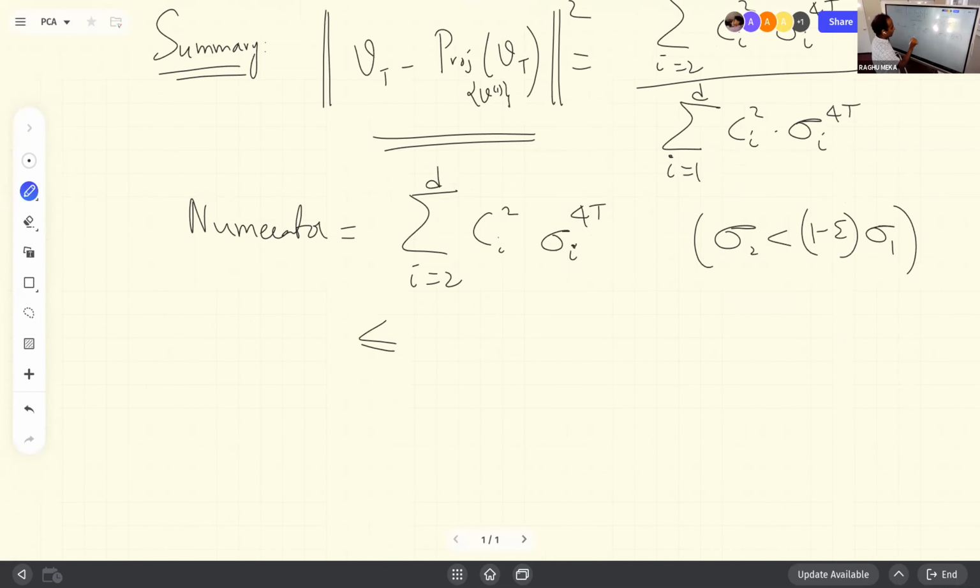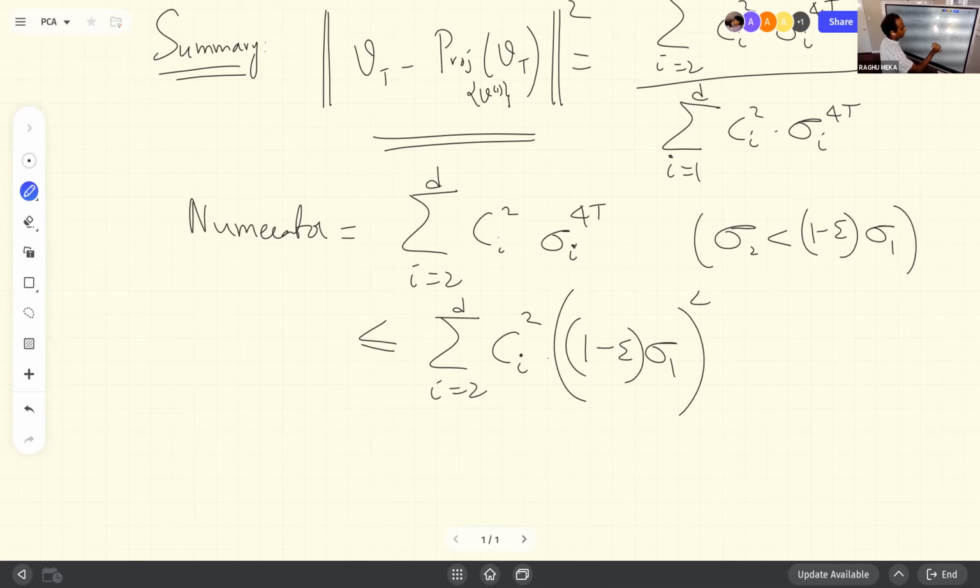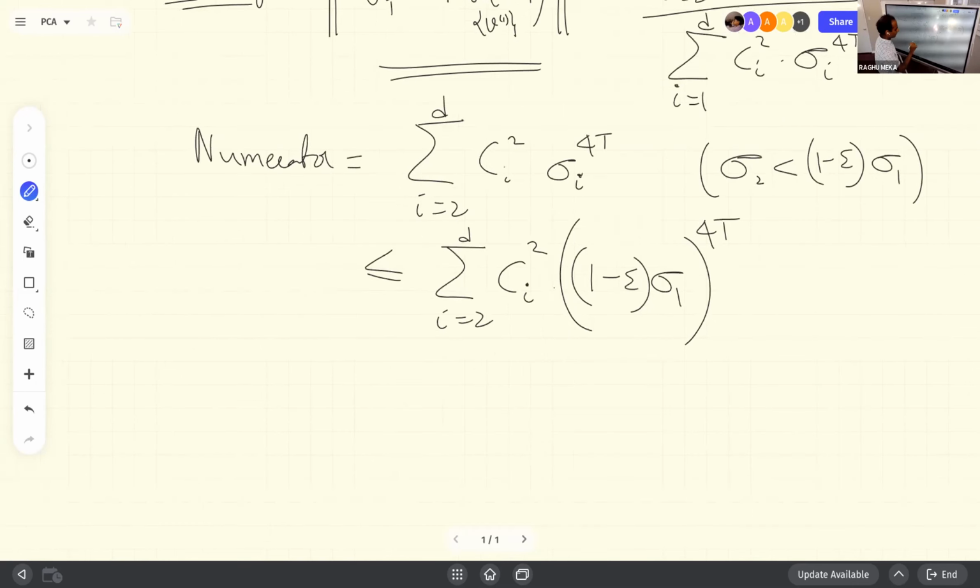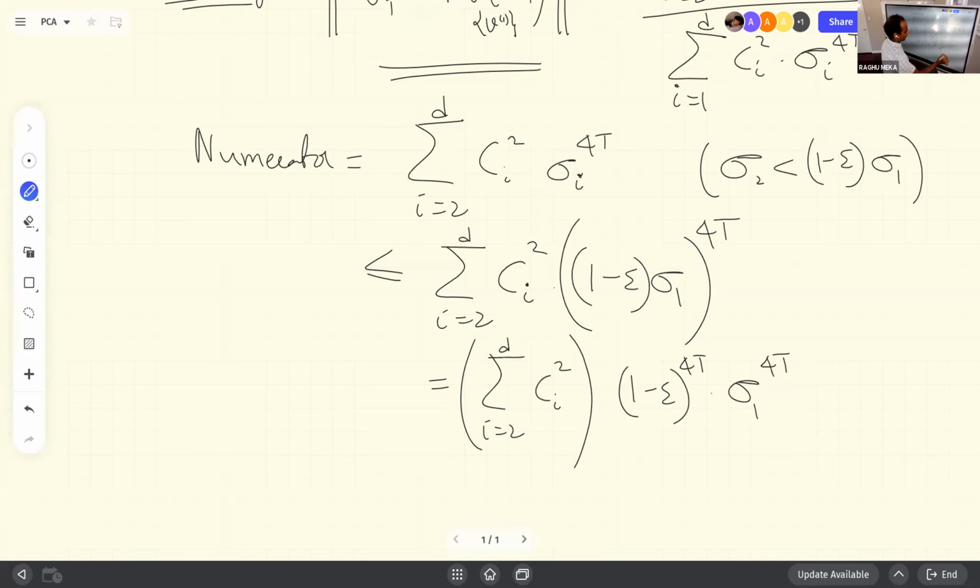So I know the numerator is at most the sum of ci squared times (1 minus epsilon times sigma 1) to the power 4t.